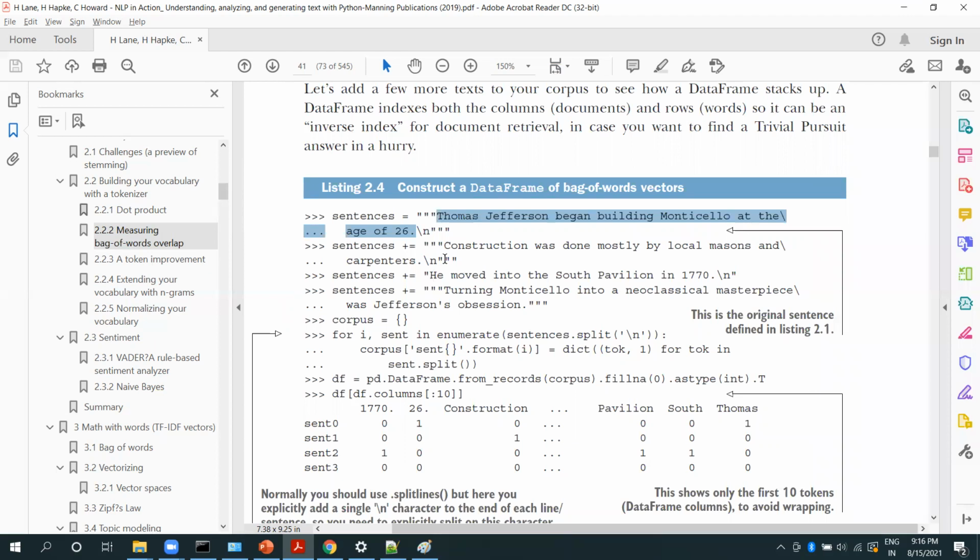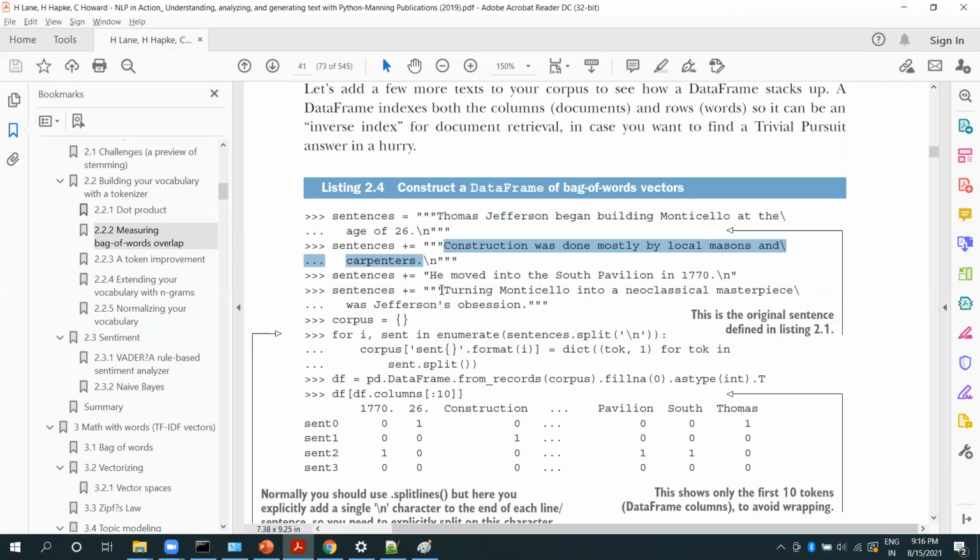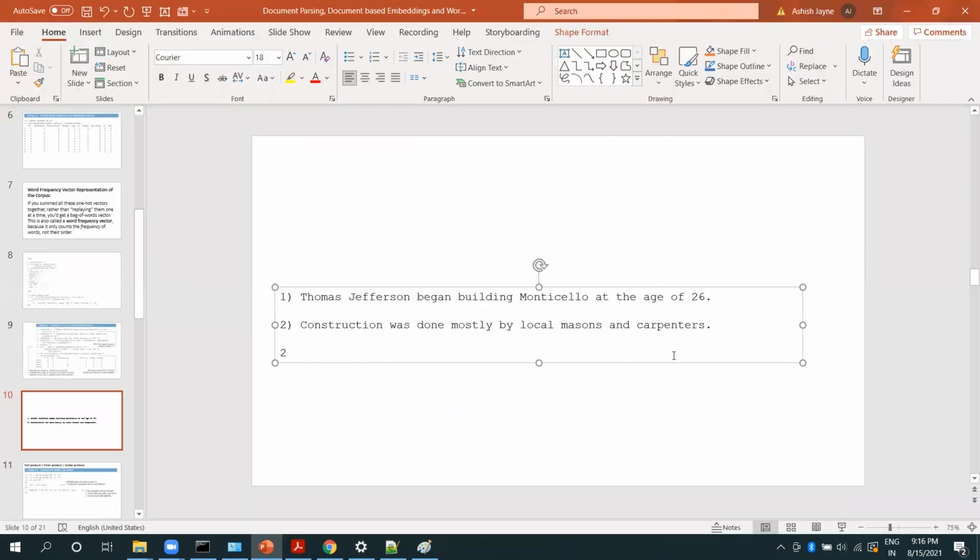What is the second sentence? Construction was done mostly by local masons and carpenters. So this is the second sentence. Third is he moved to the South Pavilion in 1770.